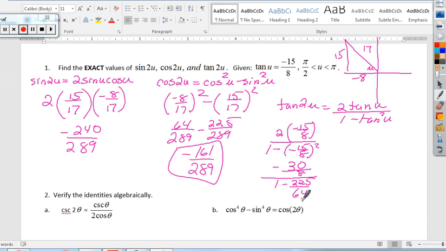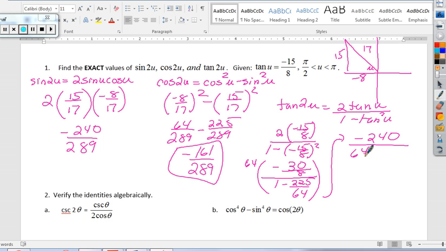Again, once you get these embedded fractions like this, the easiest thing to do is to cancel out the denominator. So I'm going to multiply all three terms through by 64, being the lowest common multiple of 8 and 64. Here, 8 goes into 64 8 times, and 8 times negative 30 would get us negative 240 in the numerator. 64 times 1 would get us 64.